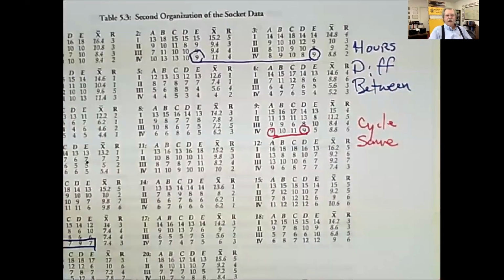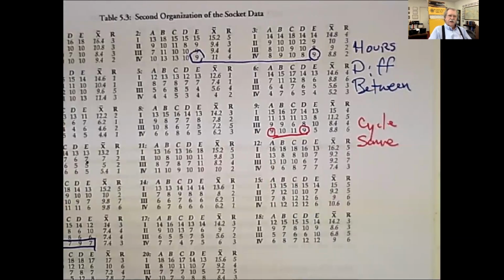So my cycle to cycle differences are going to show up between or within? When I change cycles, am I changing subgroups? No. Different cycles are in the same subgroup.